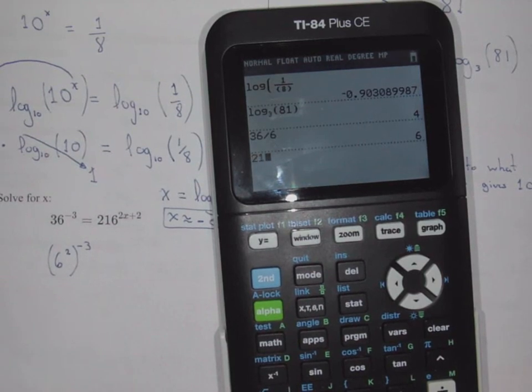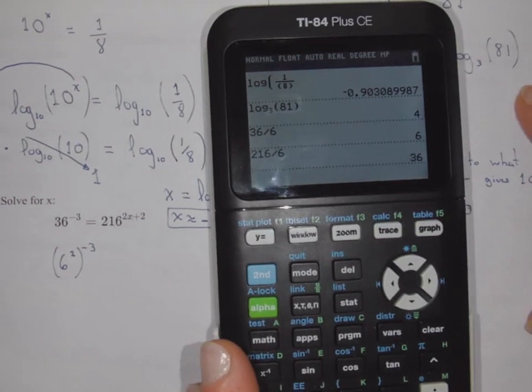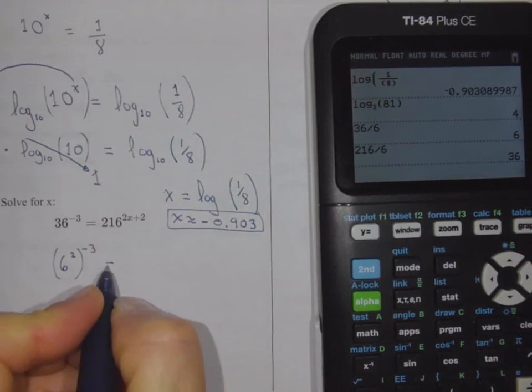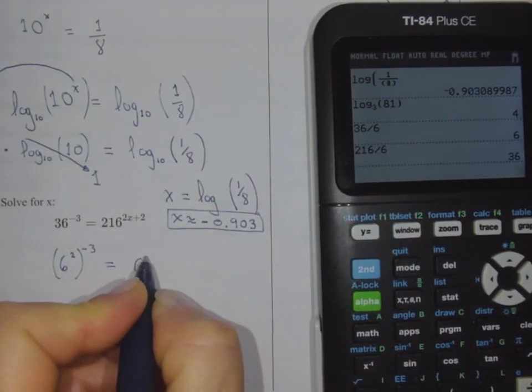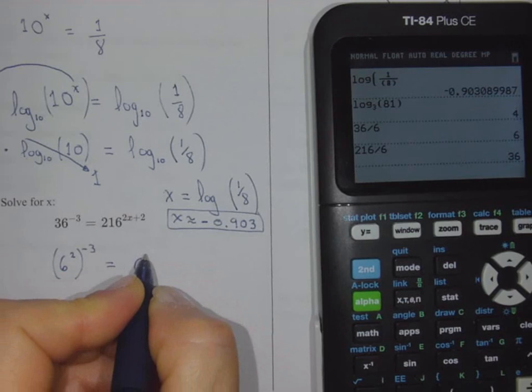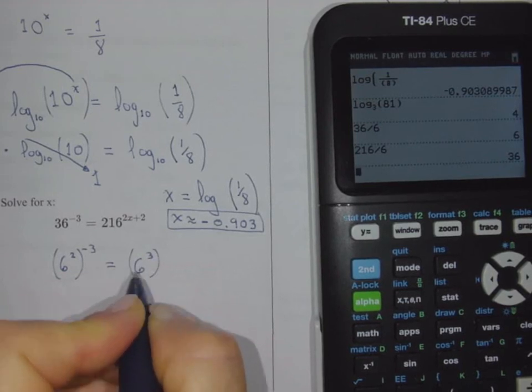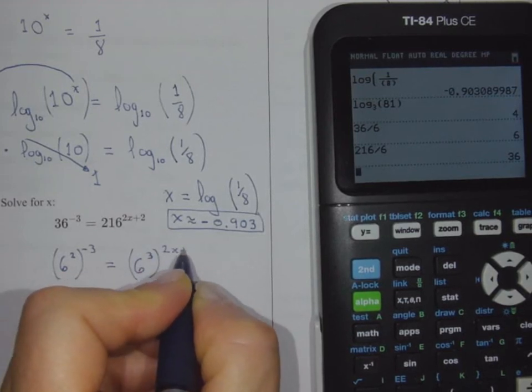216, well, I don't know. Let's try. 216 divided by 6 is 36. And when I divide by 6 again, I'm going to get 6, right? So 216 is actually 6 times 6 times 6, which is 6 cubed. And that's equal to 2x plus 2.